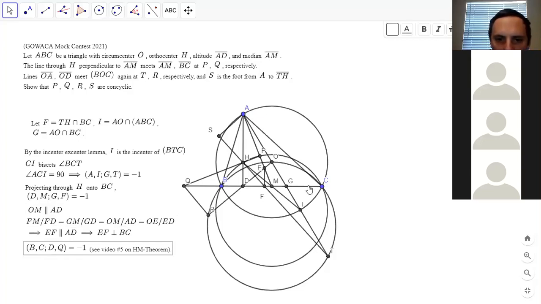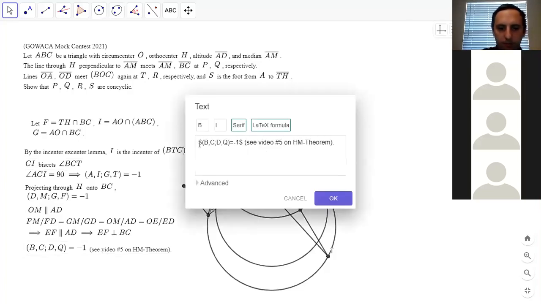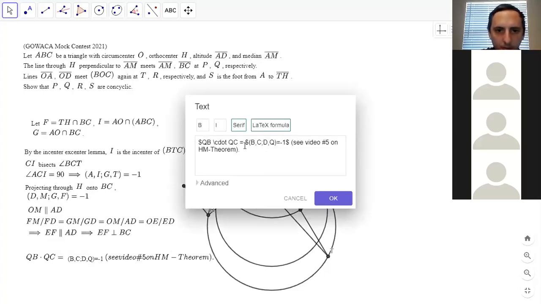So QB times QC is QH times QF is QD times QM. So I'll just write that out. QH times QP.